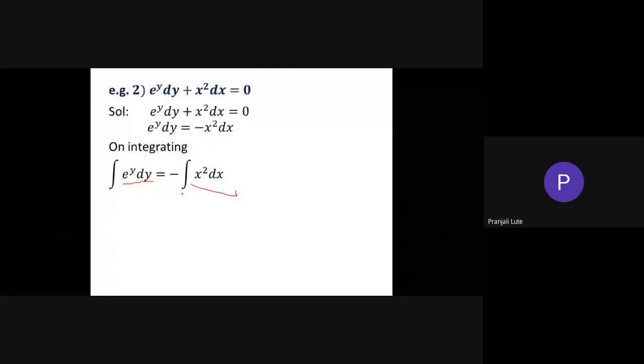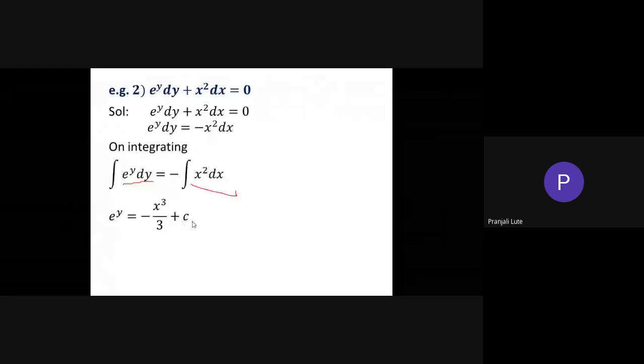So e to the power y equal to minus x cube upon 3 plus constant c, and this is the required solution of the given differential equation. This is all about separation of variables.